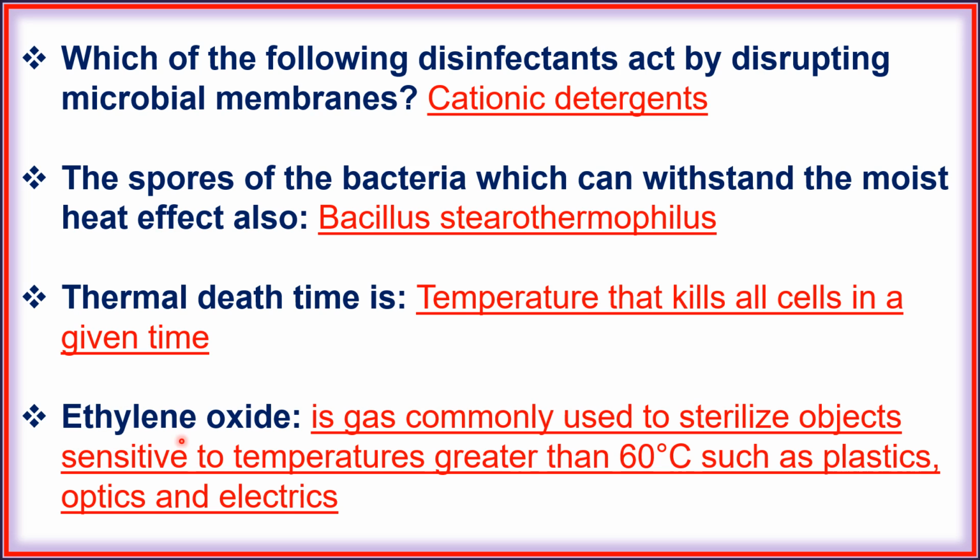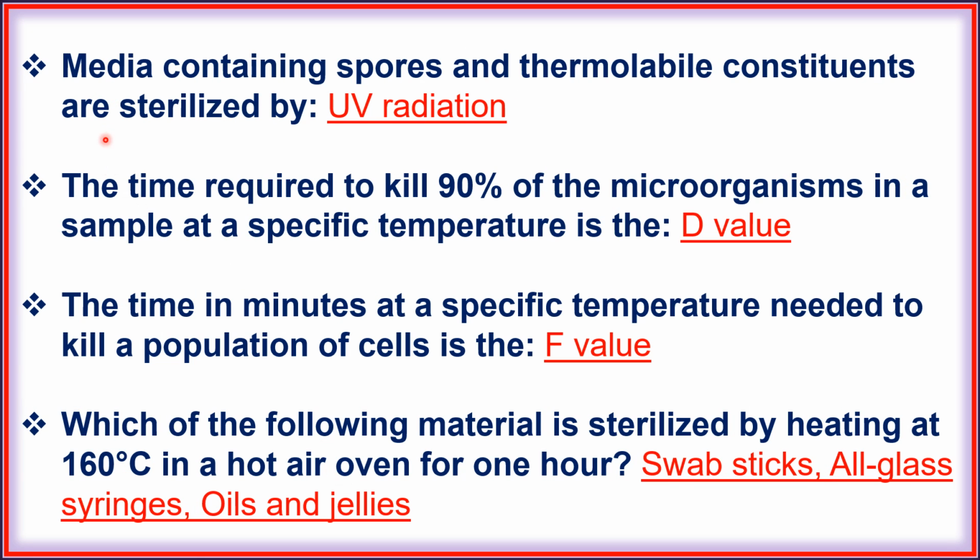Next, ethylene oxide is a gas commonly used to sterilize objects sensitive to temperature greater than 60 degrees centigrade, such as plastics, optics and electrics. Next, media containing spores and thermolabile constituents are sterilized by UV radiation.